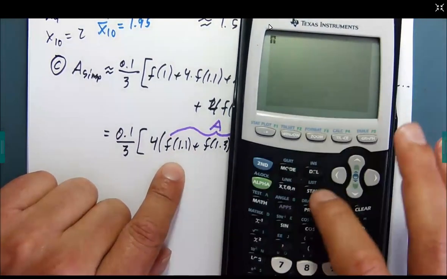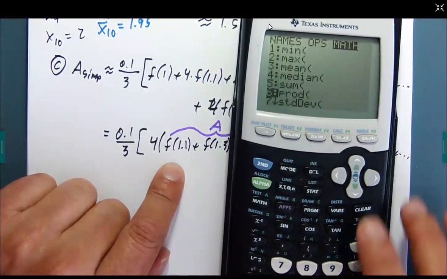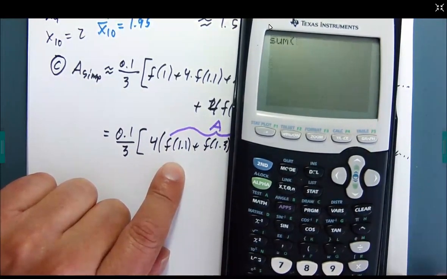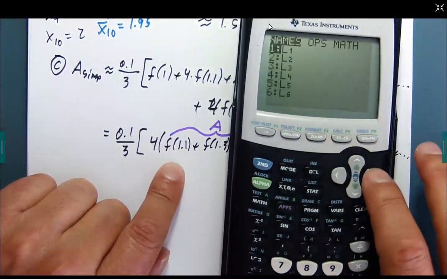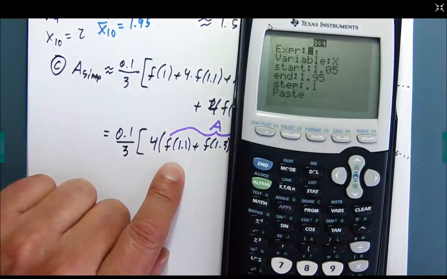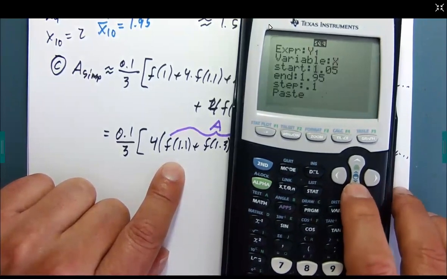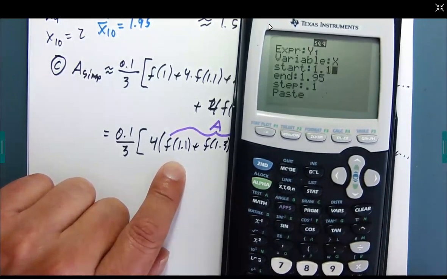So I'm going to do second stat and a sum. Second stat, operations, and we're going to do a sequence. Y1 is the function, pardon me. X is the variable. Now, our start point is 1.1.